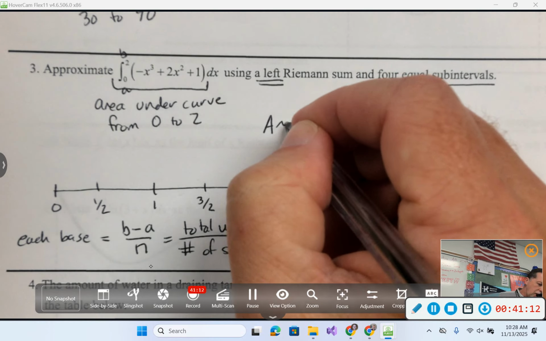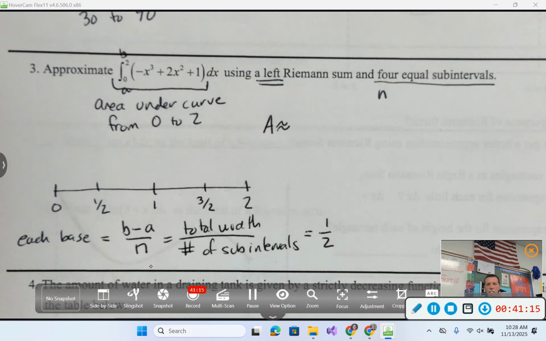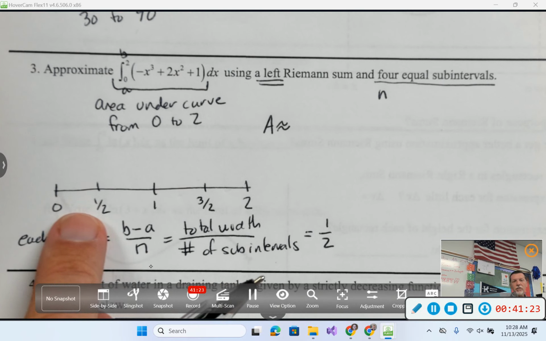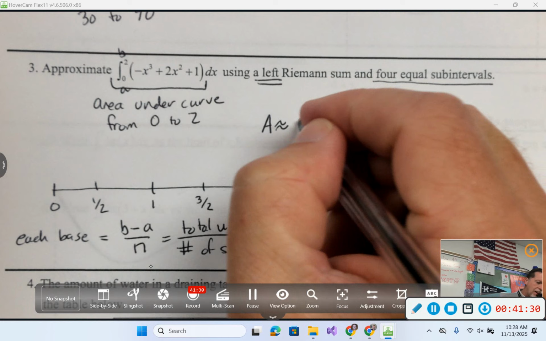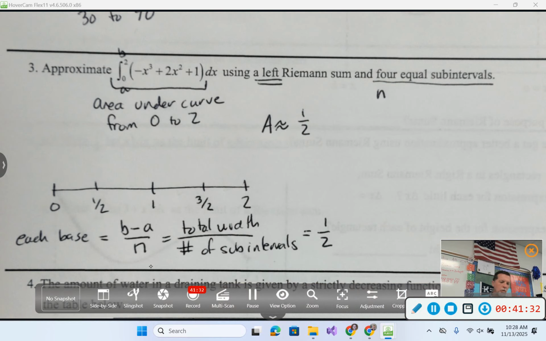Okay, so my area is going to be approximated by, let's see, how wide is my first subinterval? How wide is my first rectangle going to be? 1/2. And which height should I use?